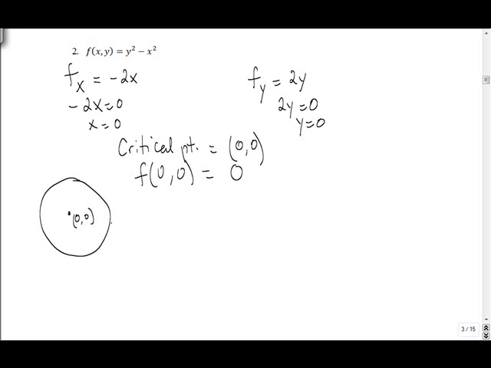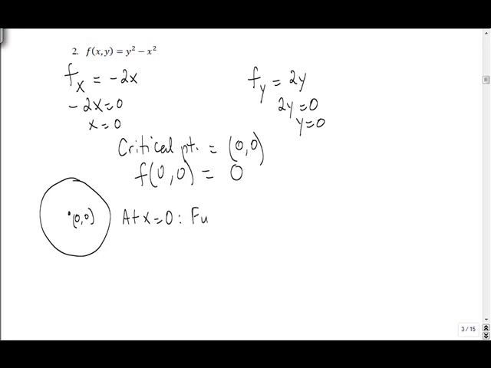Let's write what I'm going to do. At x equals 0, hold that constant, and let y vary. So put x equals 0 into the function. What do we get?